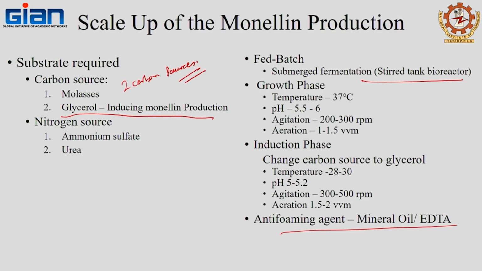You have used molasses as the sugar or carbon source for your production. Basically, for protein purification, industries mostly use the purest form of carbon source, so you can easily purify in downstream processes. Molasses is considered impure, as it contains a lot of impurities.